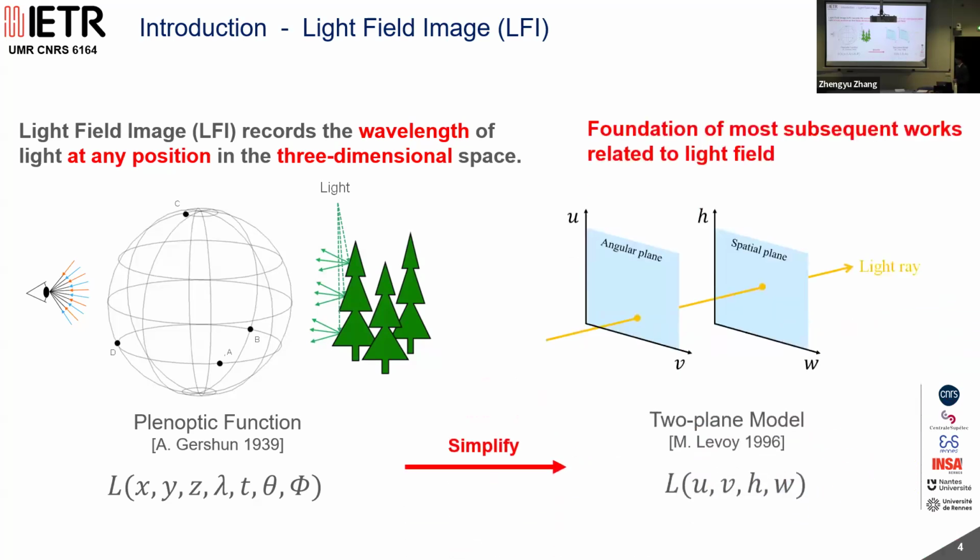But in 1996, considering that this function is too difficult to be used in practice, it was therefore simplified into a two-plane model, including an angular plane and a spatial plane. And this two-plane model also lays the foundations for most subsequent works related to light field.